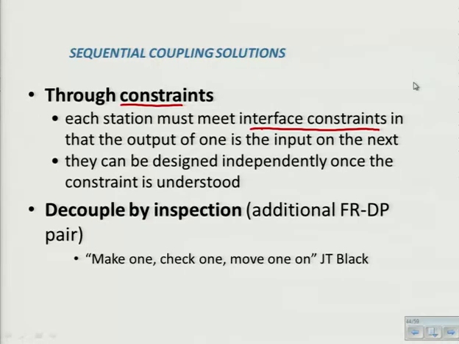Now, the other thing is, let's introduce another FR, and that's an inspection station. And so this requires an additional FR-DP pair. And say, all right, before it goes to the tapping station, we're going to inspect to make sure the hole got in the right place, and we're not going to send that piece along to be tapped if it's not drilled properly.